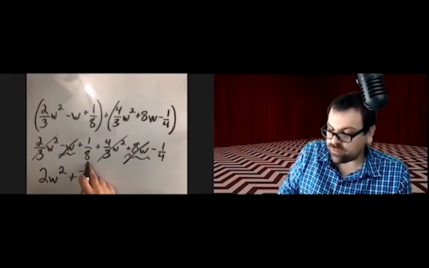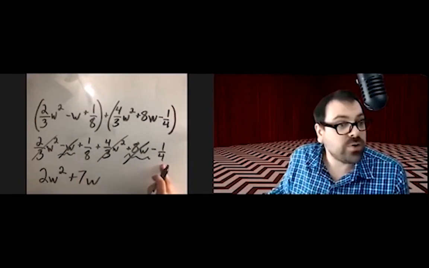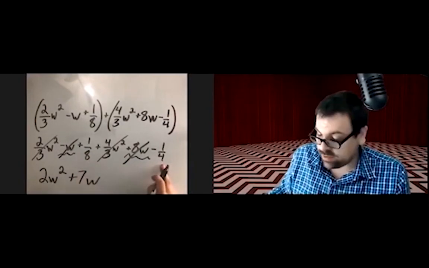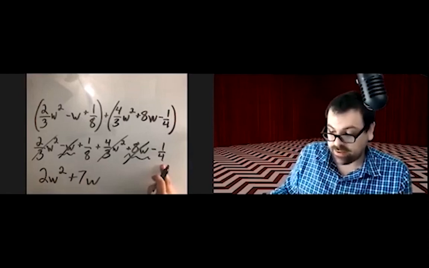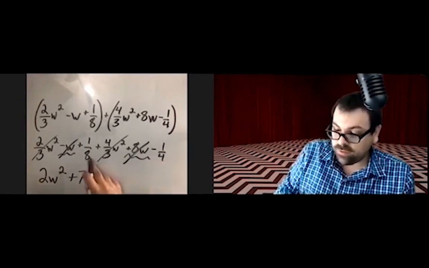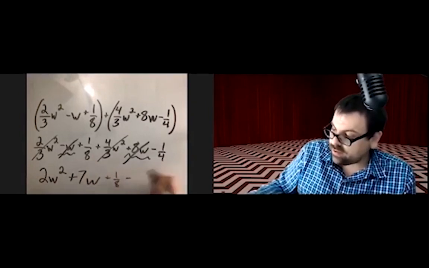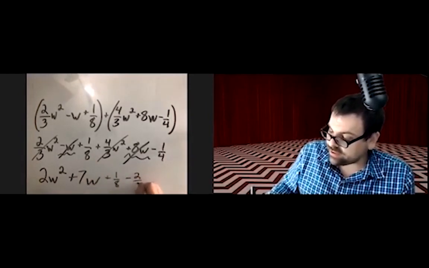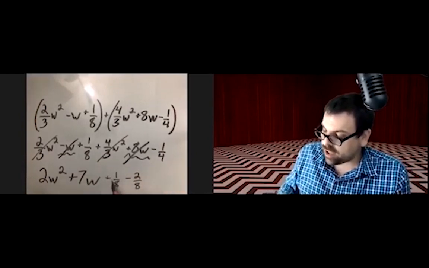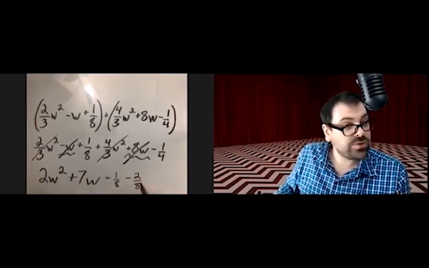Finally, we have plus 1/8 minus 1/4. Got to do the math. Well, this is the same as plus 1/8. 1/4 is 2/8. Positive 1 minus 2.